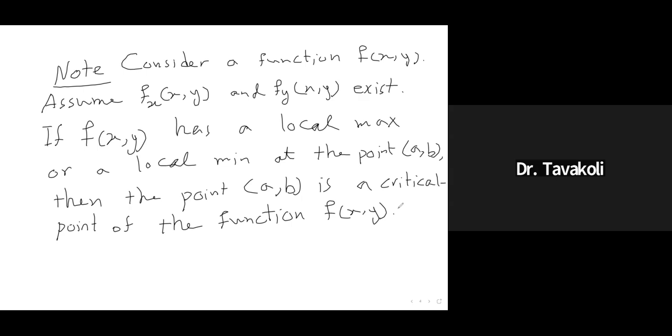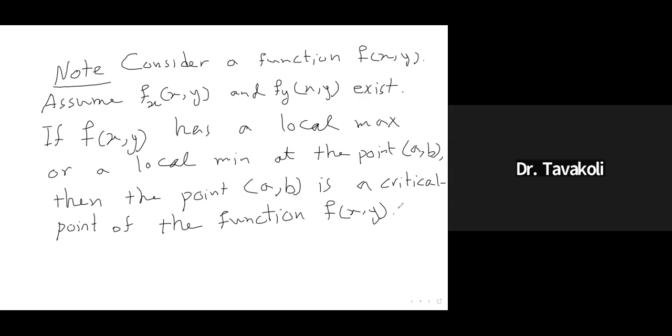But if we have a critical point, how can we determine if it is a local max or a local min? This is very similar to the situation that we had in Calculus 1, where we used the second derivative test for the determination of a point to be local max and local min.